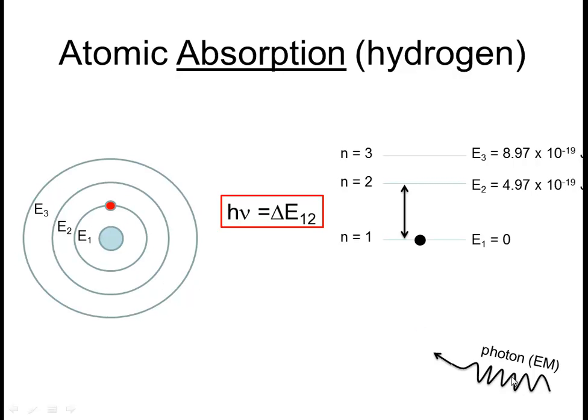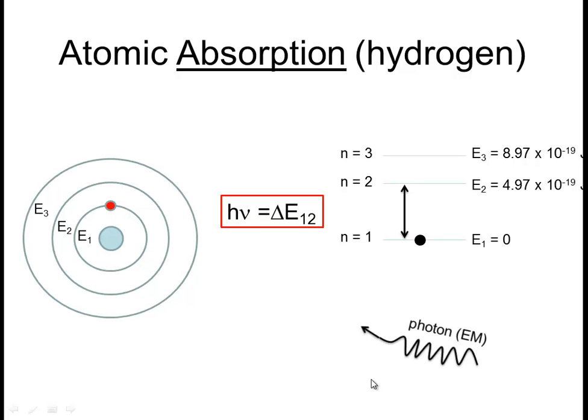How are we going to deliver the energy that we need? Well, a photon turns out to be a very good vehicle for delivering the kind of energy that we need. So if this photon has just the right frequency such that the energy delivered is 4.97 times 10 to the minus 19 joules, then we will promote this electron from the E1 energy state, which we call the ground state, into an excited state.